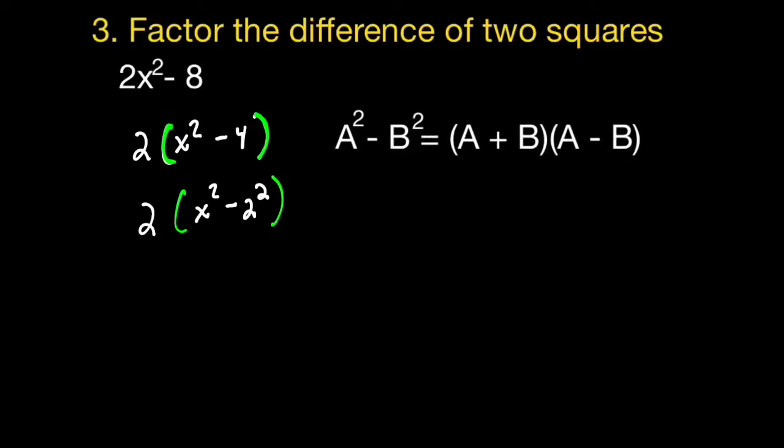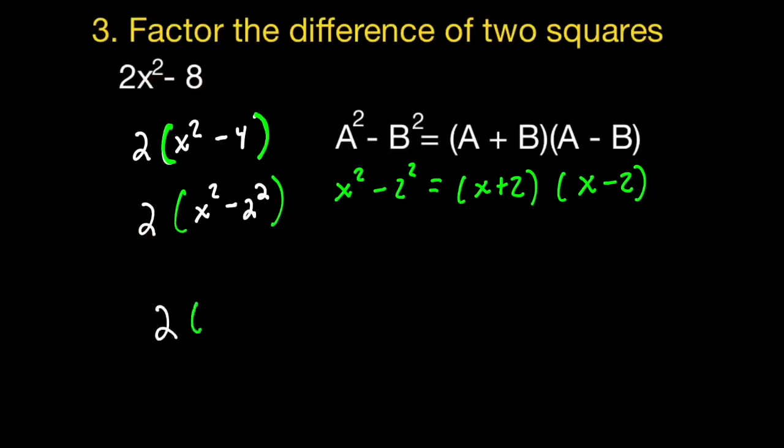So let's just do the outlining just for fun here. x squared minus 2 squared is going to equal x plus 2 multiplied by x minus 2. So the final factorization of the entire problem is going to be 2 multiplied by x plus 2, x minus 2.